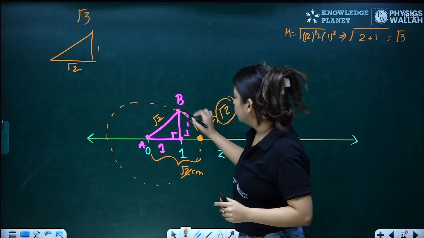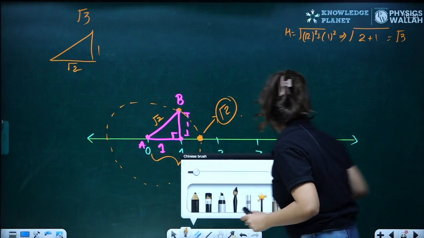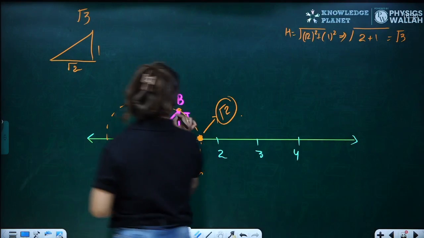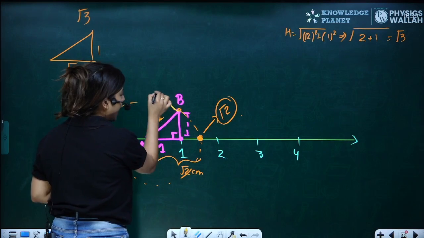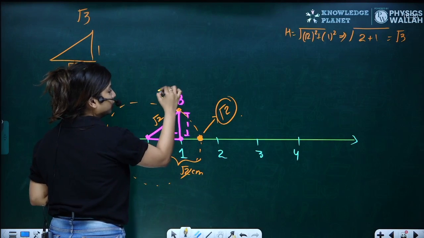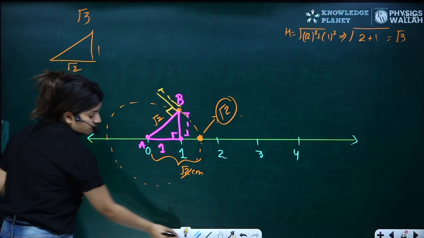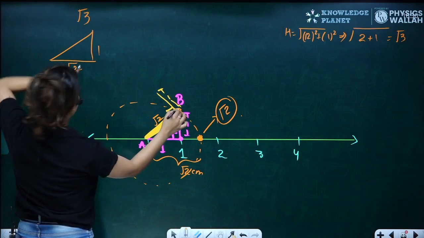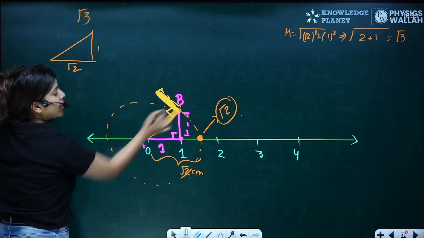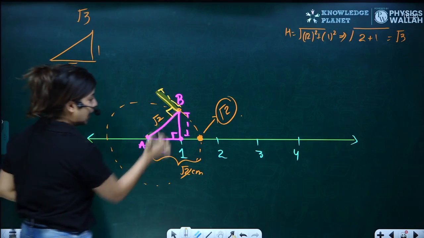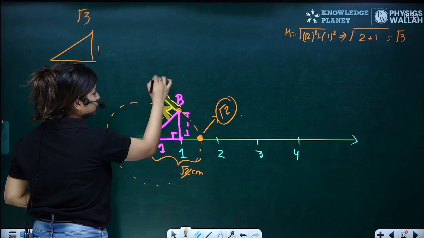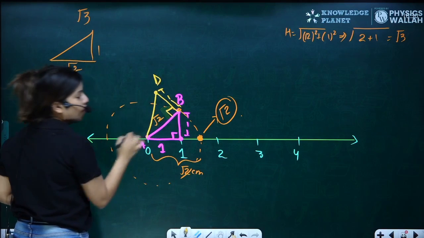Now at this point B, we need to draw a right angle again and a straight line of 1 unit. So this will be our base, that is root 2, and this will be our height, that is 1 unit, and this is 90 degrees. From here we can join this point D with our point A.